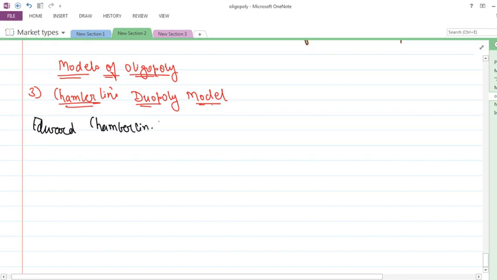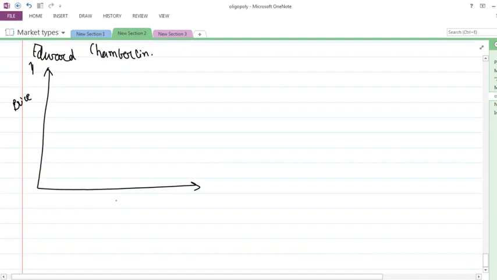So in this model, we would be drawing the model first and then we will discuss about it. The y-axis measures the price and the x-axis measures the output.